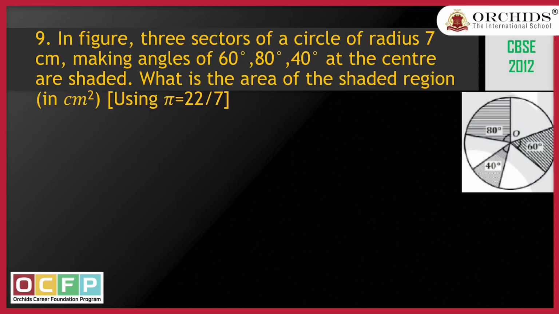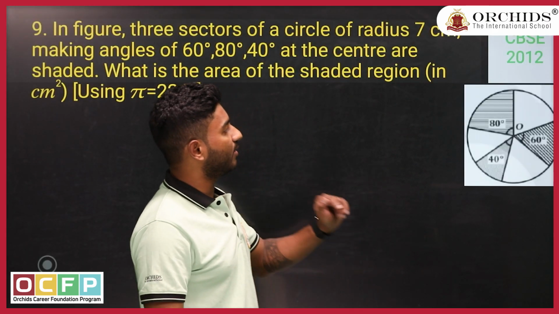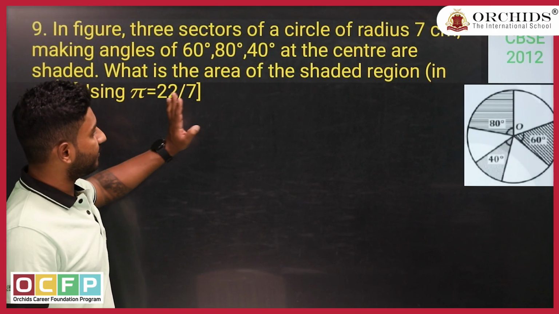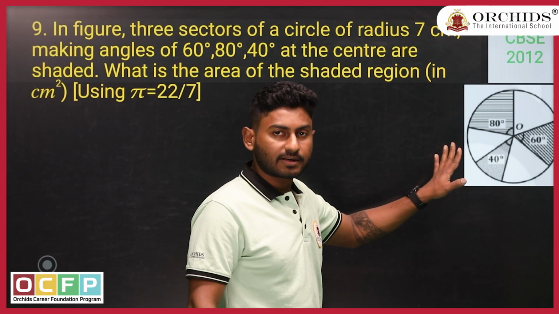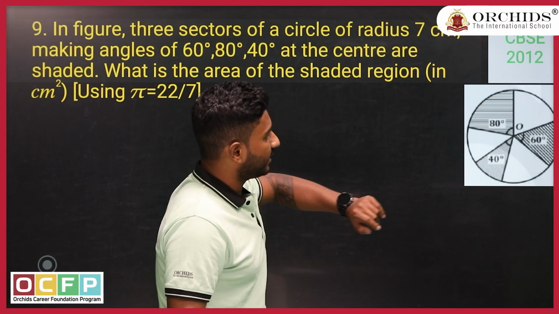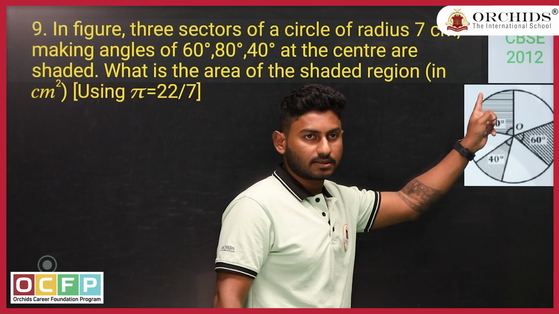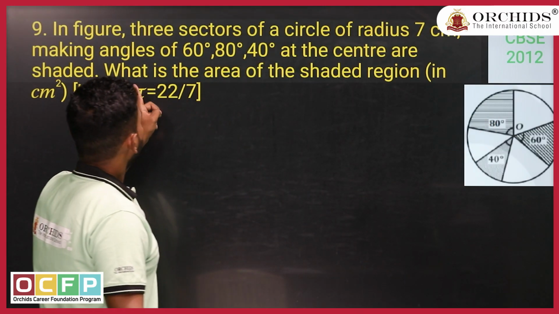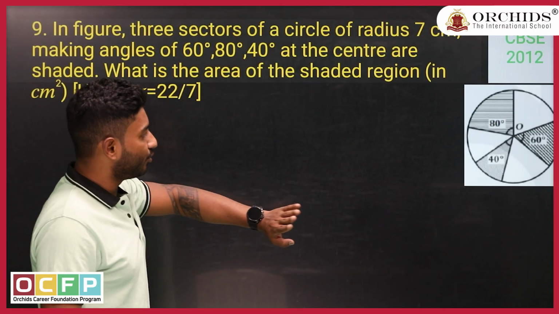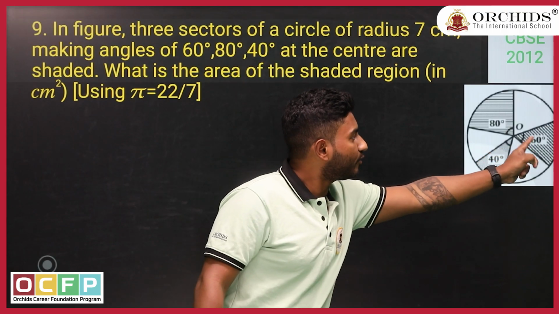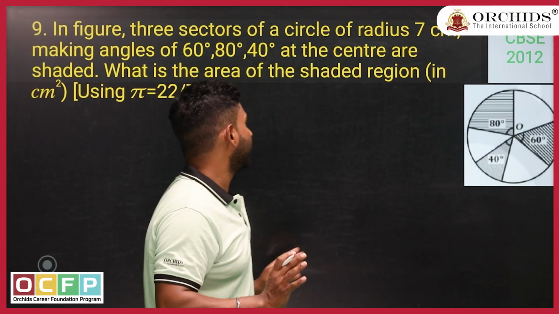Question number 9. Okay, here's a very beautiful question. This is from CBSE 2012. In this question a single circle is given. In this circle they have given 3 different sectors and they have asked what is the area of the shaded region. Basically you have to find out the area of all these 3 and add it up, right?